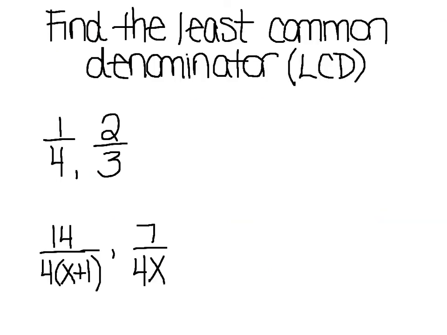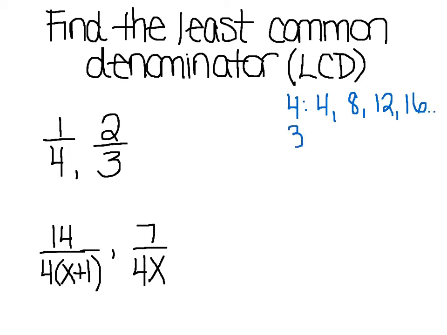So let's look at these examples. I want to just find the least common denominator, because really what we're getting into is how to add and subtract with unlike denominators. We have 1/4 and 2/3. So again, if you're thinking about multiples of 4, we have 4, 8, 12, 16, and so on.